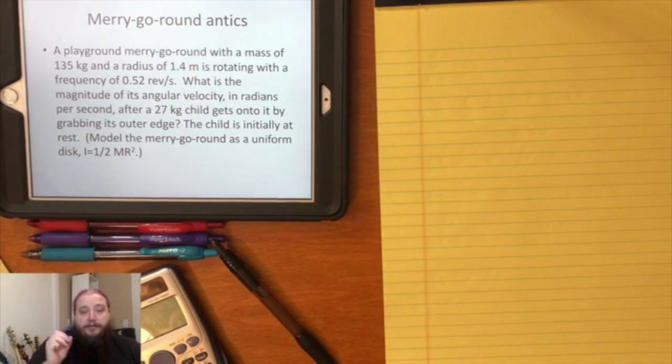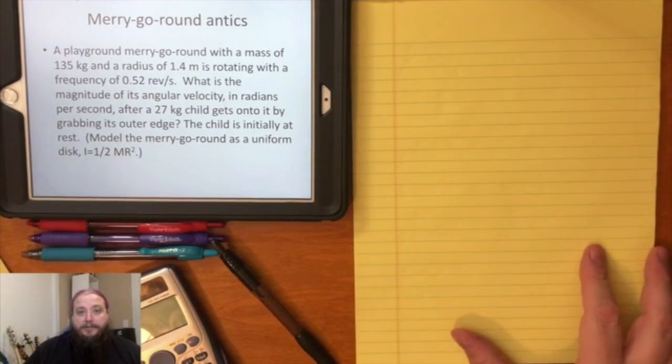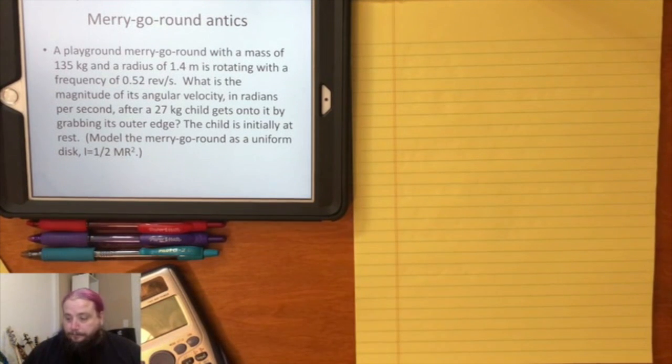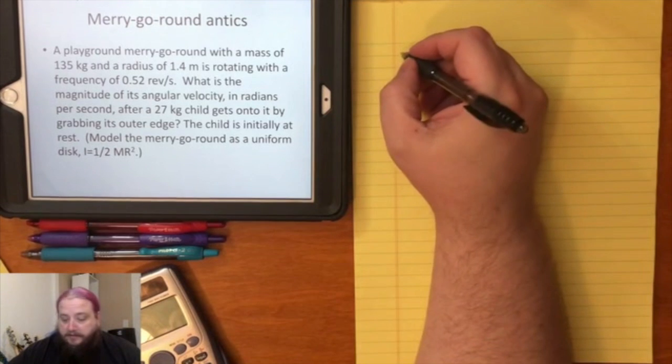This is the rotational equivalent of a perfectly inelastic collision problem. Two objects come in, one object goes out. So let's see what we can make of this.